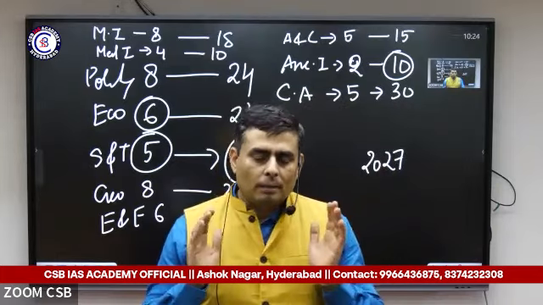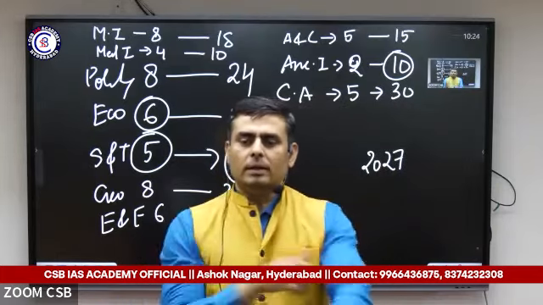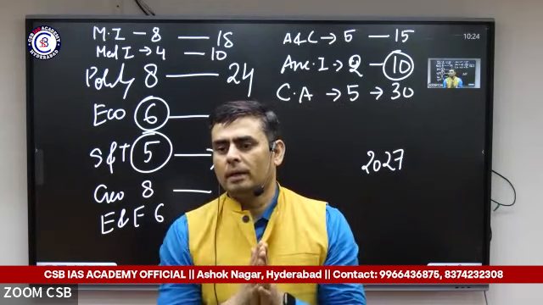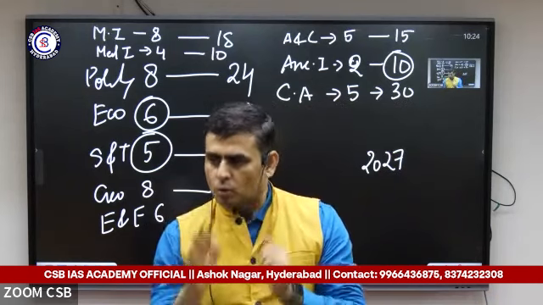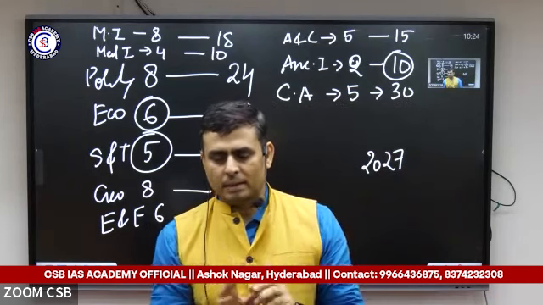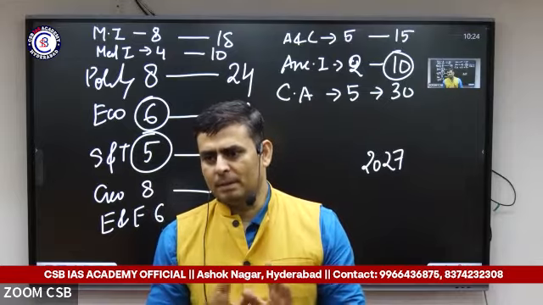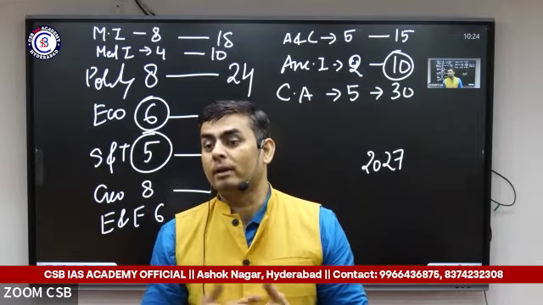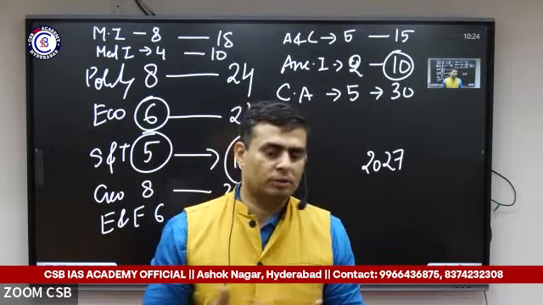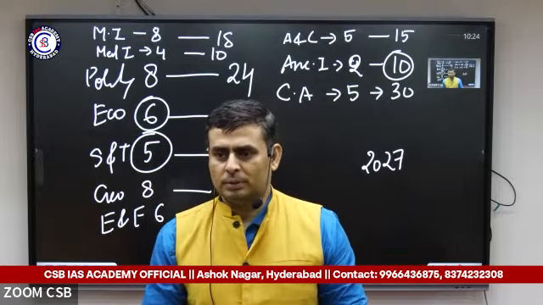Fine. So with that, I have a feeling that somewhere the cutoff is not going to be too much below. People are expecting 80, but I am expecting somewhere around 85 to 90. मेरा अपना perception है, might be I'm going to be completely wrong. That is quite possible.